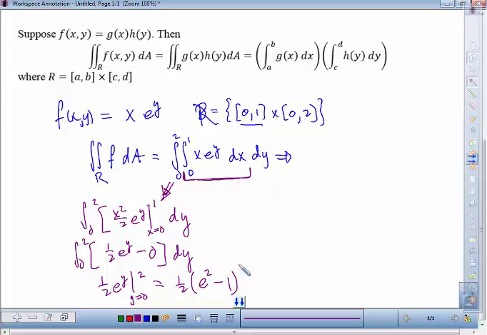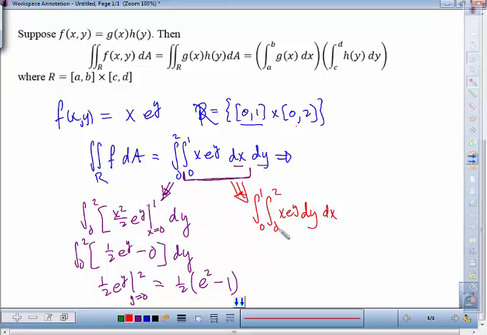Okay, now we can use Fubini's theorem and check by switching the order of integration. Instead of integrating with respect to x first, you can integrate with respect to y. I'll write that down here, but I'm not going to follow through. You could have done this integral with y from 0 to 2 on the inside and x from 0 to 1 on the outside, so the inner integral would be x e to the y dy.